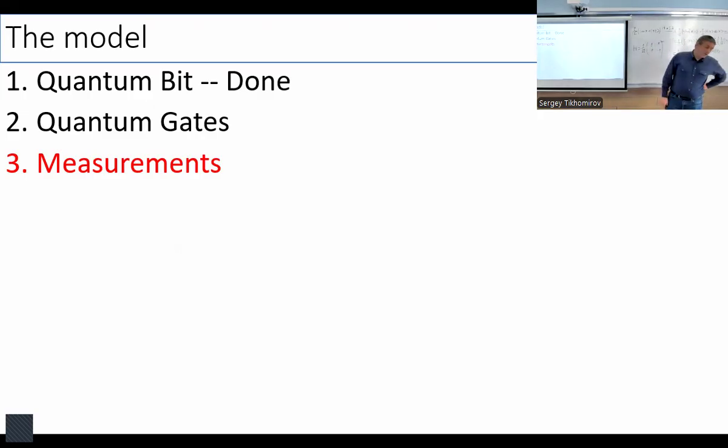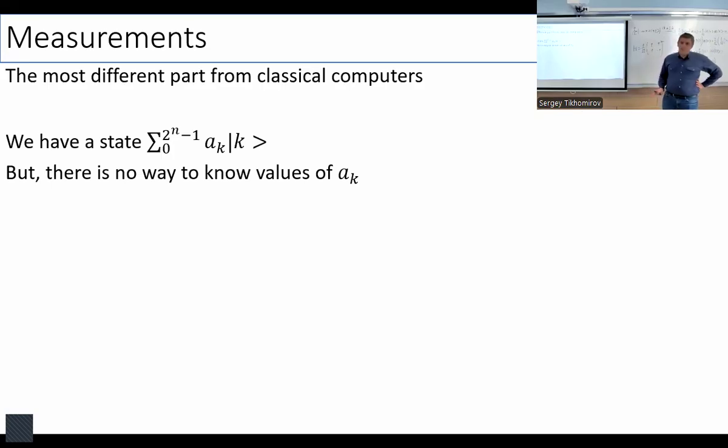And this is the most different part, even though among the three parts, state of qubits, quantum gates and measurements, it would be the shortest. This is the most different, and because of this, I expect it to be the most difficult.